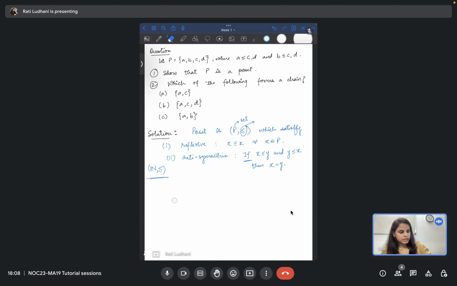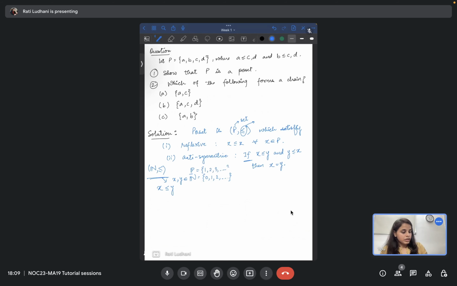In your notes, N represents all the non-negative integers, so it starts with 0, and for positive integers it has been used with this P. Okay, so 1, 2, 3, like this.